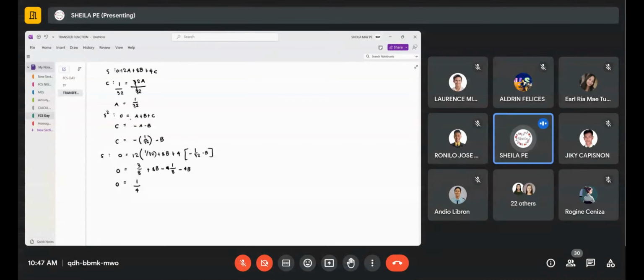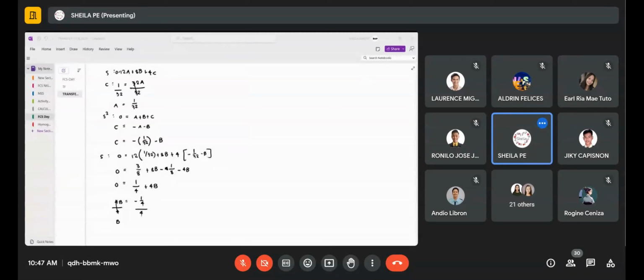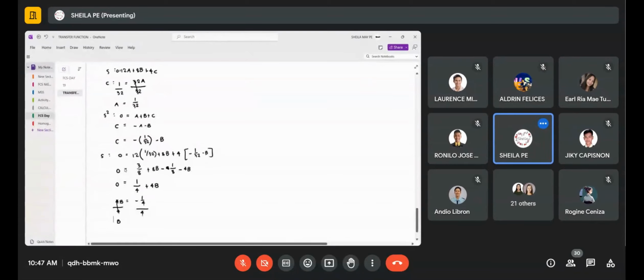And 8b minus 4b, so that's positive 4b. So 4b equals negative 1 fourth, divided by 4, b equal to negative 1 over 16. That's our letter B.